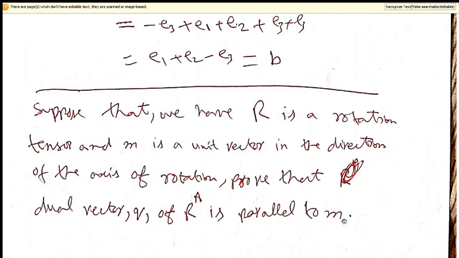What is m? m is the unit vector in the direction of the axis of rotation. The dual vector of the antisymmetric part of R will be parallel to this m, and this m is already in the direction of the axis of rotation. So this is what we have to show for a rotation tensor R.